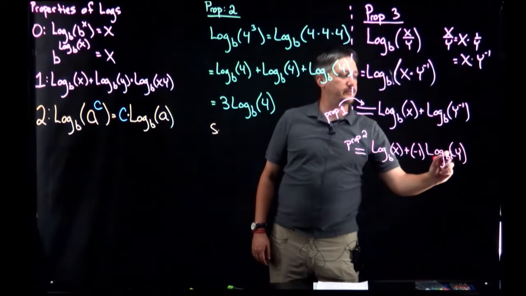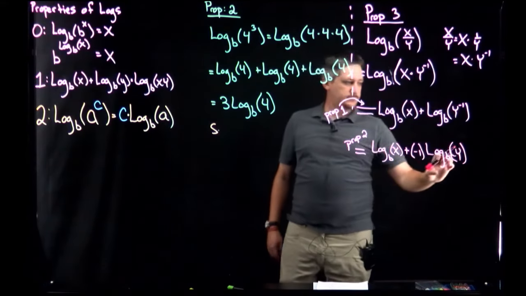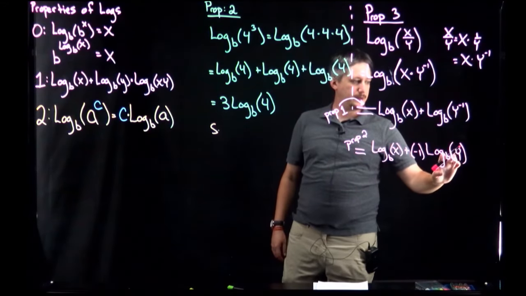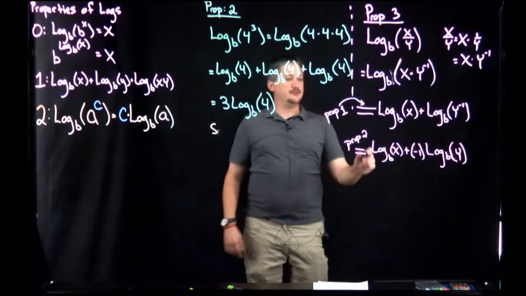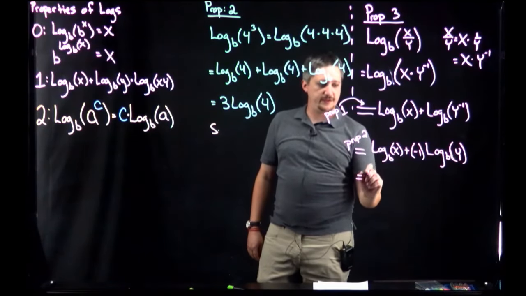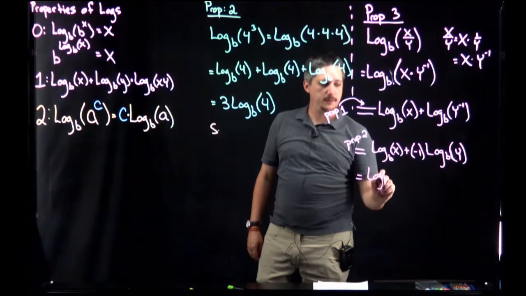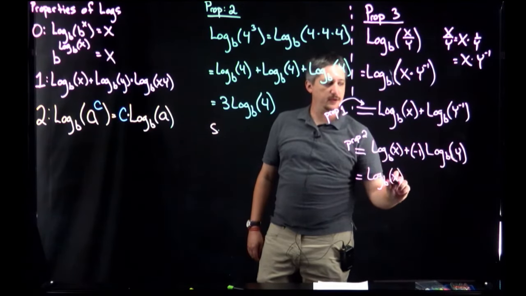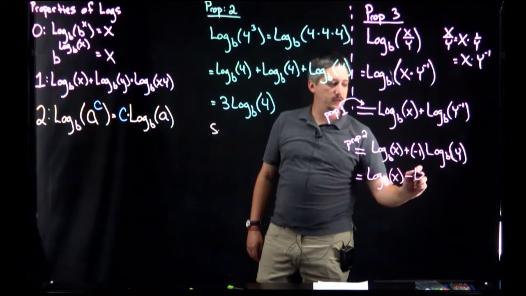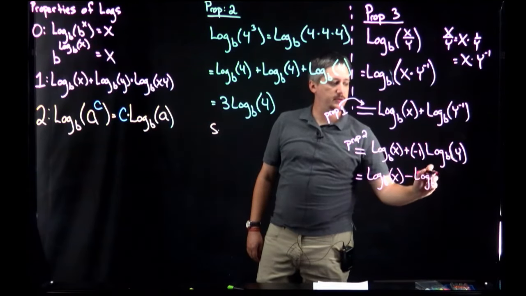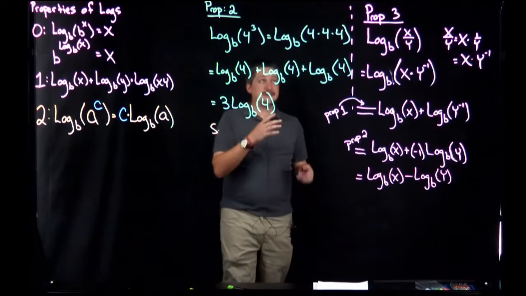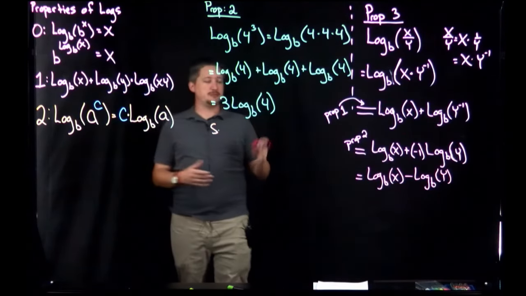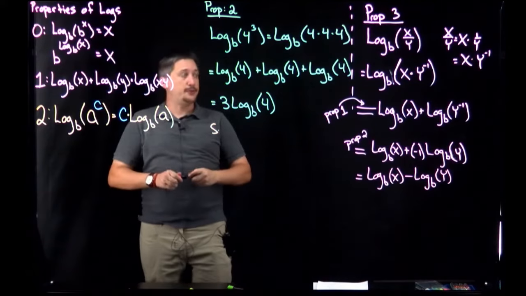That got a little weird, sorry. There we go. Okay. And I'm just going to clean that up a little bit. So this is then log base b of x minus log base b of y. Okay. And in fact, unsurprisingly, this is property 3.